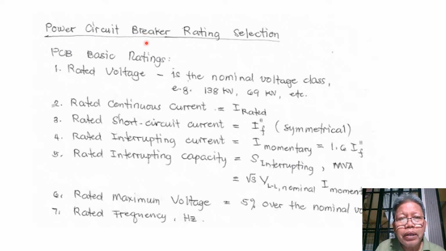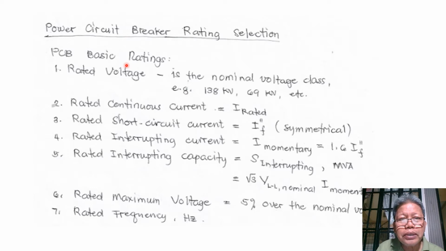So in this lecture, we will be considering the power circuit breaker, which will protect our equipment from damage due to short circuit. Of course, the power circuit breakers operate with the relays and the instrument transformers like CTs and the PTs.